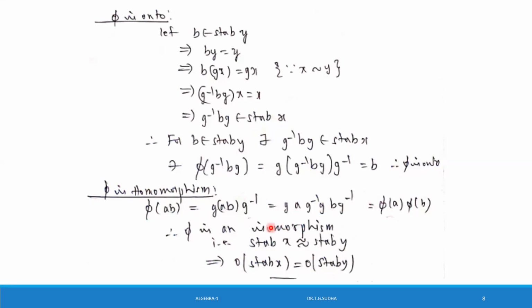Since it is a bijective homomorphism, it becomes an isomorphism. Therefore, the domain and the codomain are isomorphic, that is stab X is isomorphic to stab Y. Certainly, from here it follows that the cardinality of stab X, that is order of stab X, is equal to order of stab Y. Hence the theorem.